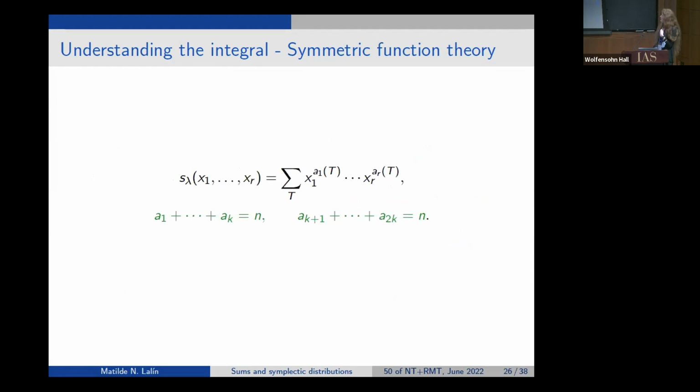Okay, so what we can do now is look in detail at what this gives in the sum of the Schur function.